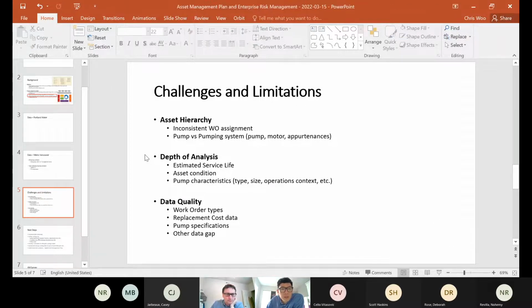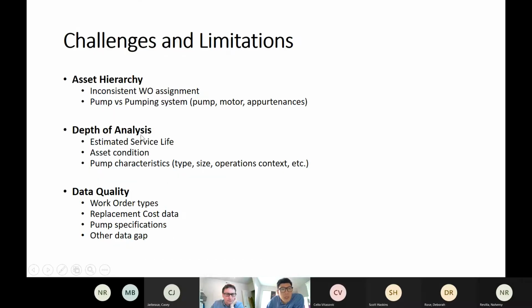So the challenges and limitations. We talked about the asset hierarchy issue and inconsistent work order assignments. The second item is the pump and motor combination that Mert touched on.